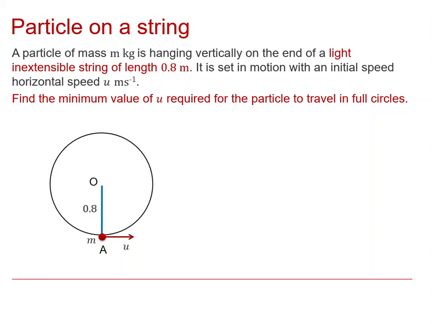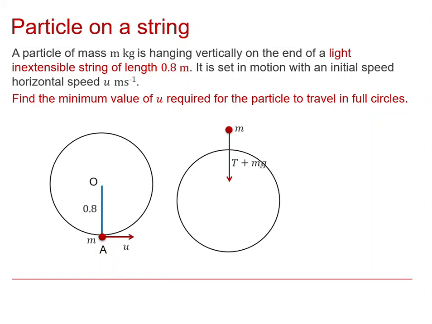Let's begin by thinking about how the forces work at the top of the circle. In this case we've got the setup with the circle, and I've shown the mass with a gap so that I can show the forces, not getting confused with the forces on the string or anything else. So we're going to have vertical forces: the tension and the weight.